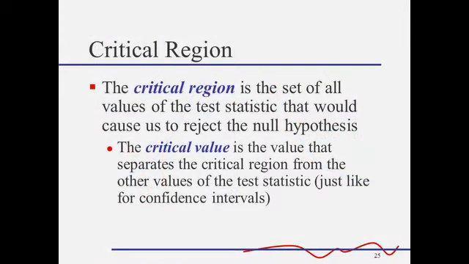The critical region is the set of all values of the test statistic that would cause us to reject the null hypothesis. And the critical value is that value that separates the critical region from the other values. So just like in confidence intervals, the critical value is what separates what's likely to happen from what's unlikely to happen.